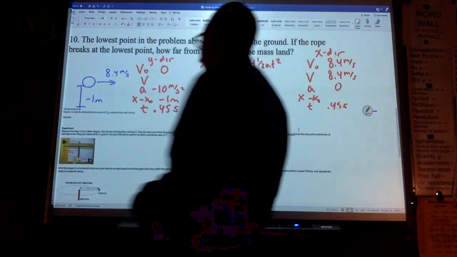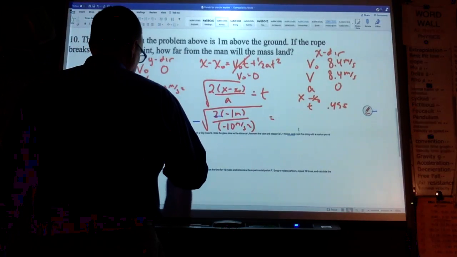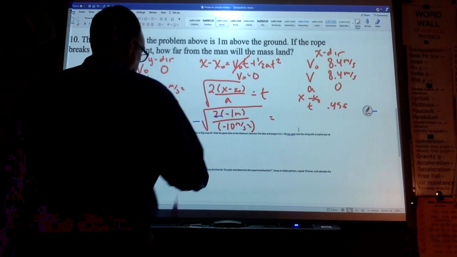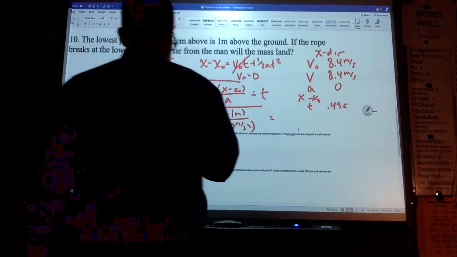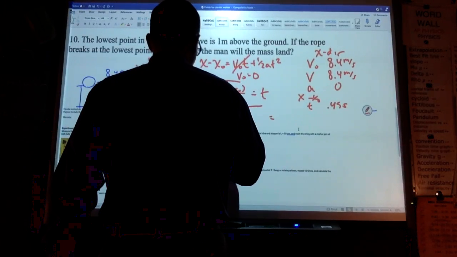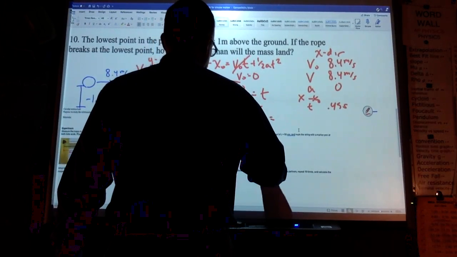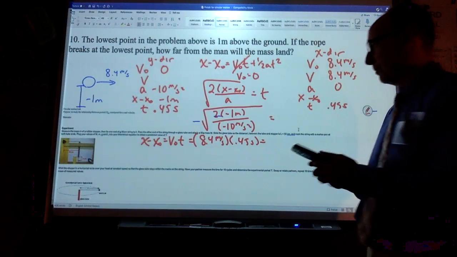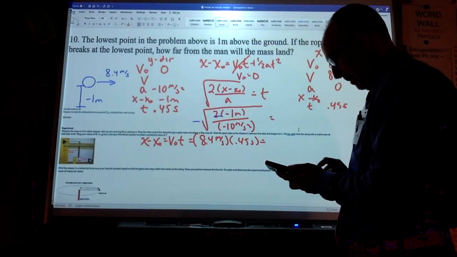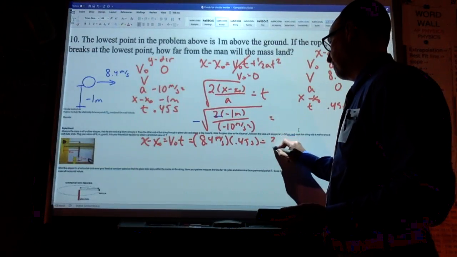So I can say that x minus x naught equals v naught t plus 1/2 a t squared. But since a is 0, that all cancels. And so this is going to be 8.4 meters per second times 0.45 seconds. It's been a while since I did this problem. So 3.8.